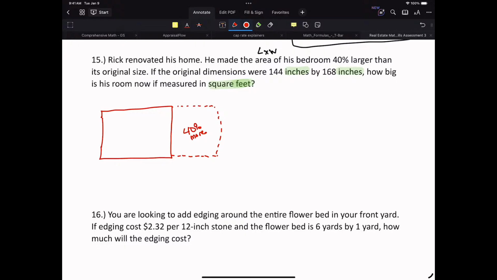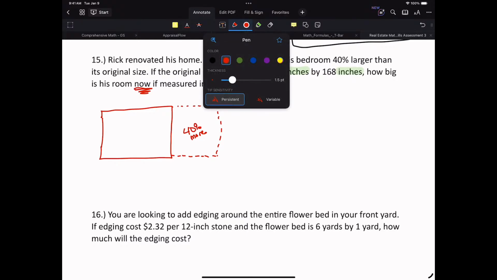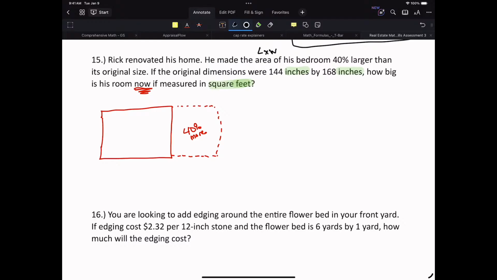So we need to know, what is his room now? So let's look at this. The problem told us the dimensions were 144 inches by 168 inches.